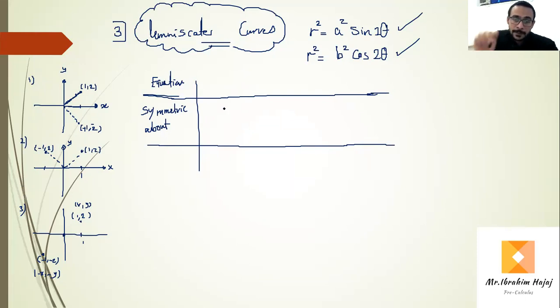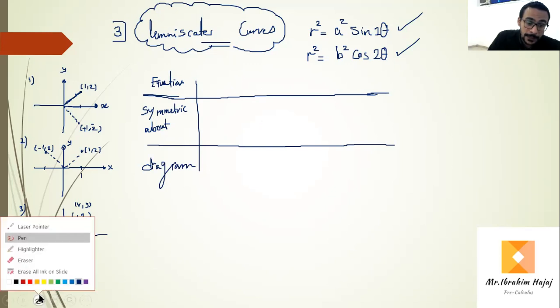I know that I have 3 different tests: about the pole, which in polar coordinates is called the pole, not the center, and about the polar axis, which is the x-axis, and about the y-axis. We're also going to compare, and I'm going to write the diagram here. Pay attention please. It's so easy, you just need to understand the rule.